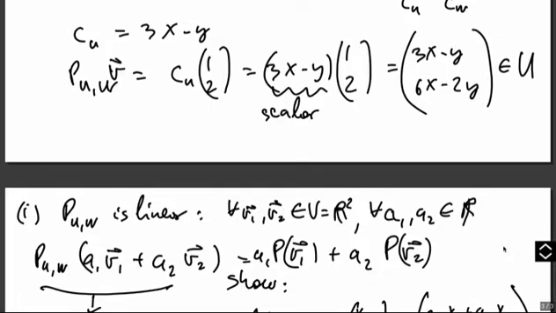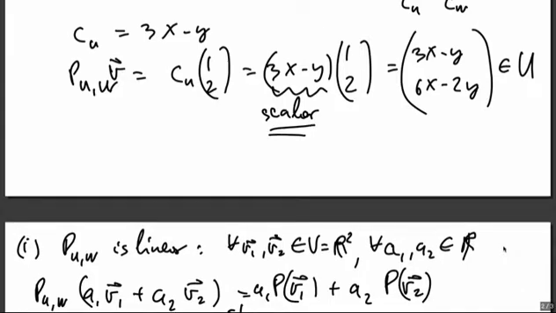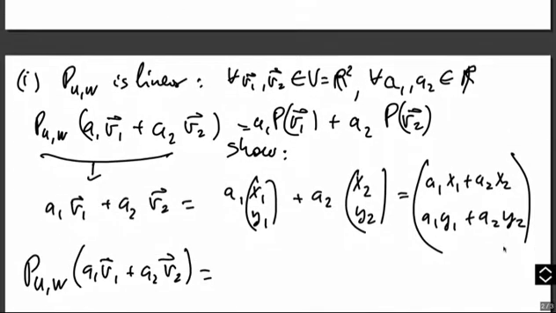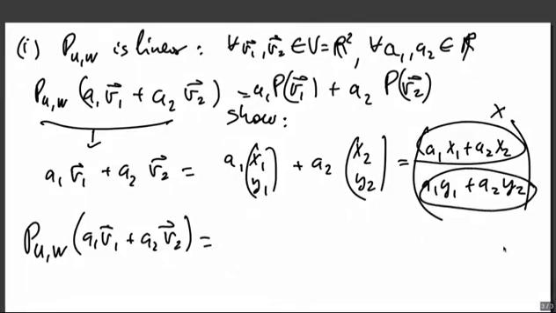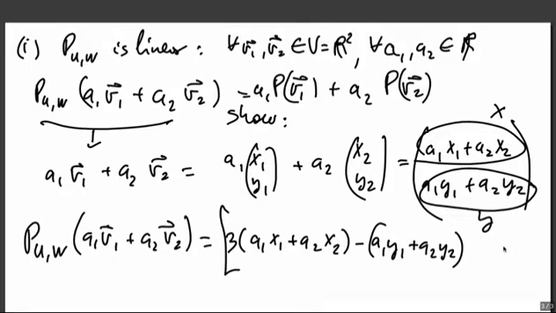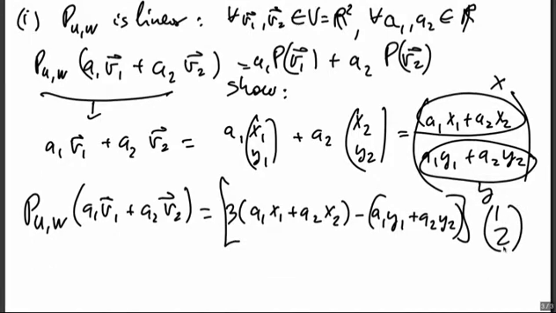Then the projection onto U along W of this vector is 3x minus y times the 1, 2 vector. This is the x part and this is the y part, so we need 3 times the x part minus the y part, and this scalar multiplies the 1, 2 vector. Then we look at the other side.